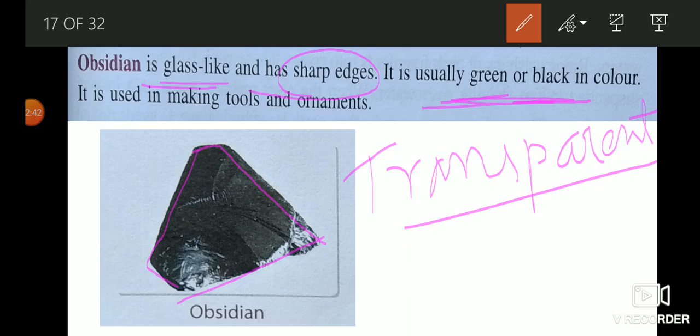That is why obsidian rocks are generally used for making tools and making ornaments. Ornaments mean different kinds of jewelries. So these are the uses of this kind of rocks.